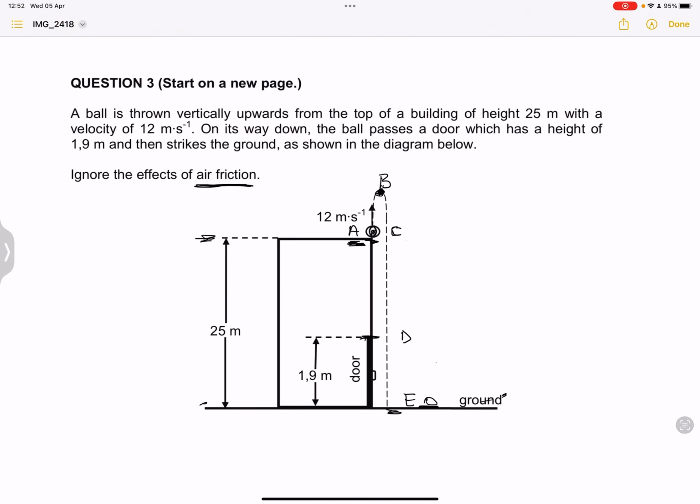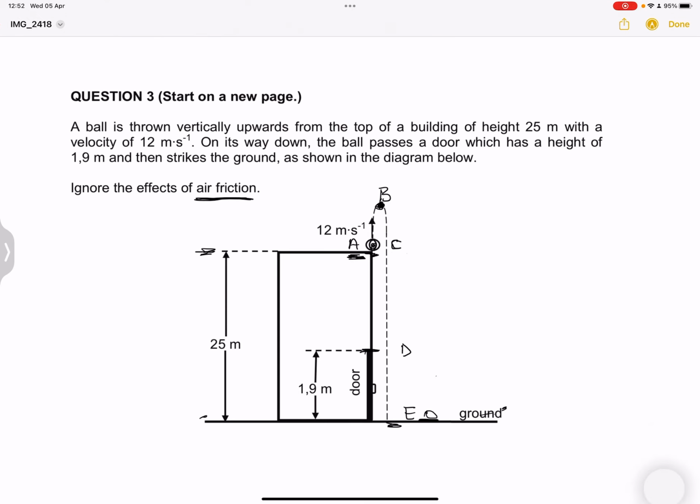In a straight line, how far is it from the top of that building? It's from the top of the building all the way up until D. You can imagine, ladies and gents, it would be 25 minus the 1.9 here. That would give us the displacement from that point to that point.